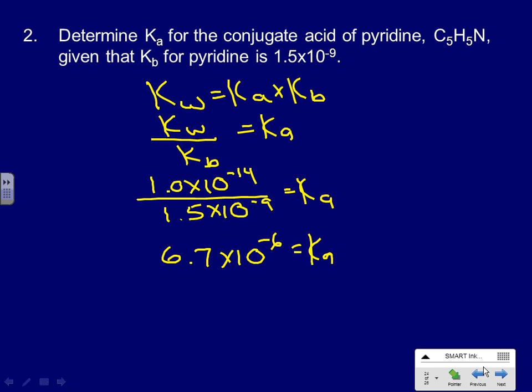Mathematically, it's very simple. But what I want to talk about now is in terms of their strengths, because what we need to talk about next is comparing different acids and bases and conjugate acids and conjugate bases, and we need to compare them and discuss which is stronger. We need to talk in terms of their strengths.